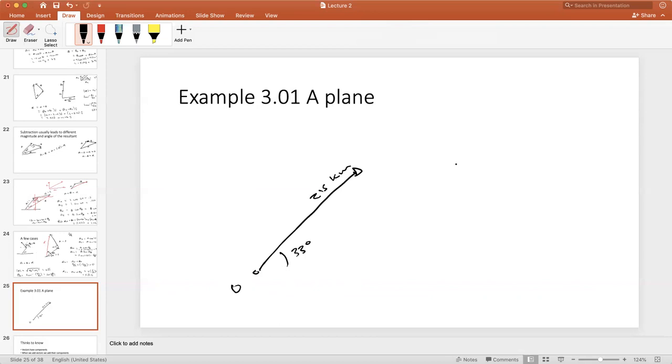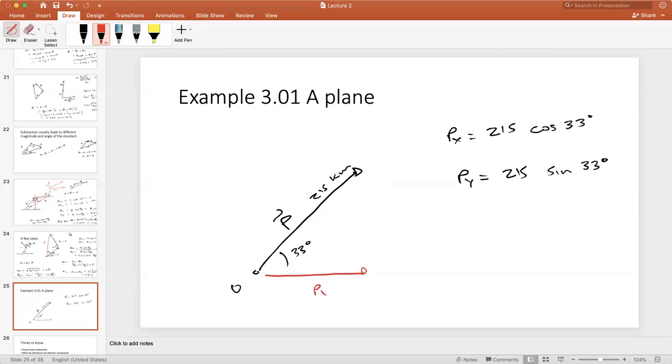This, just to remember, is our plane vector, and P of x is 215 cos of 33, and P of y is 215 sine of 33.